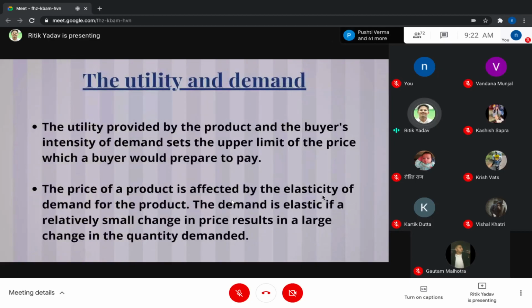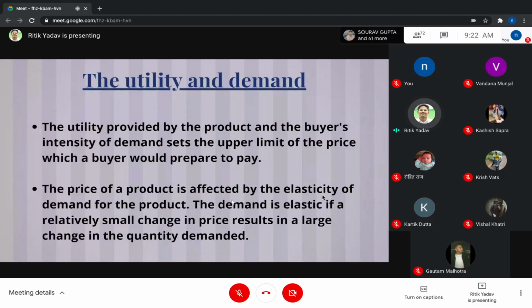Now we have another factor, that is the utility and demand. The utility provided by the product and the intensity of demand of the buyer sets the upper limit of price which a buyer would prepare to pay or is able to pay.